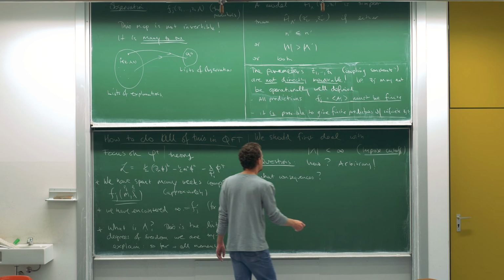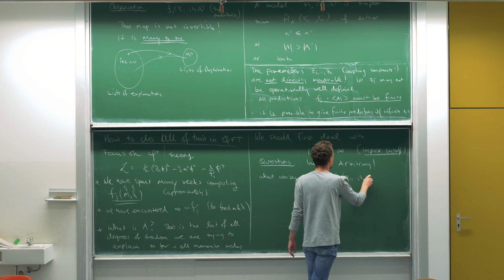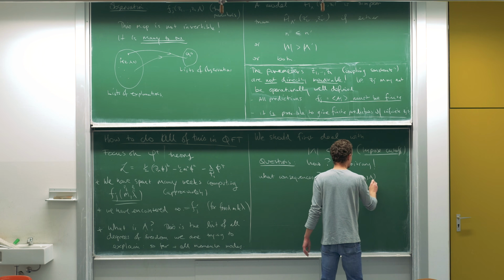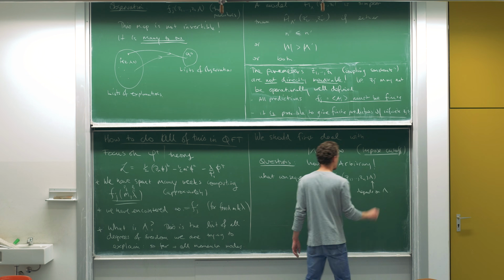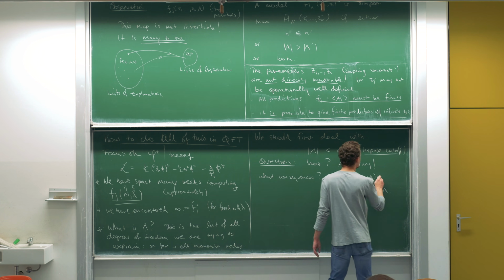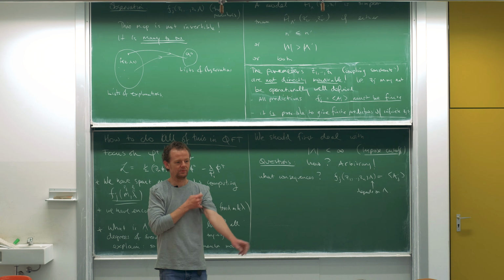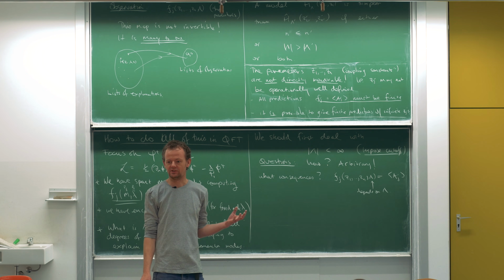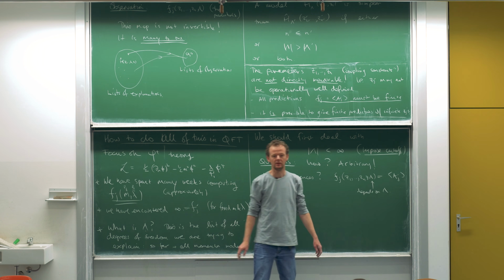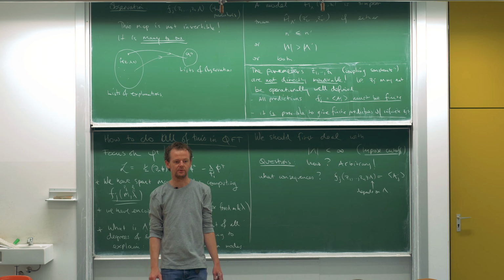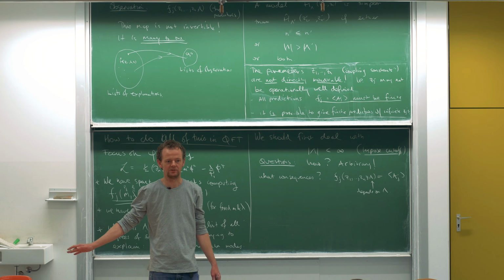Our predictions depend on this cutoff. This would be terrible, right? If you came up with an explanation whose predictions depended on the size of the cutoff, so that on Tuesday, if you chose a cutoff of 10 to the 34 degrees of freedom, you got one prediction, and on Wednesday you chose 10 to the 35 degrees of freedom, you got a completely different prediction.